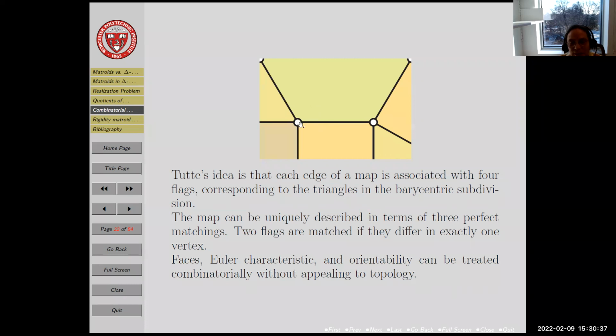If I look at 2 flags that share a vertex and the midpoint of this edge, then I don't change face. And then how do I change vertex? That's the 3rd perfect matching.